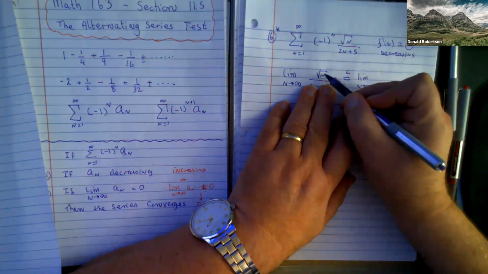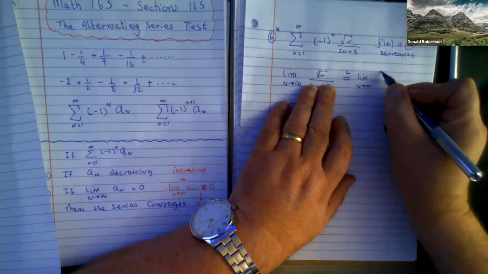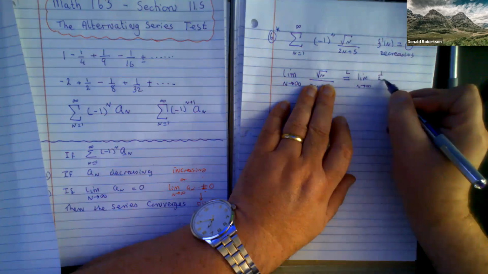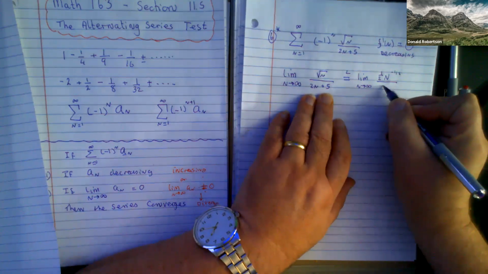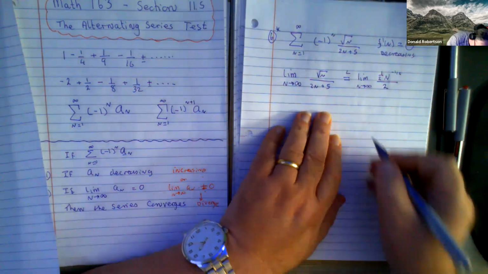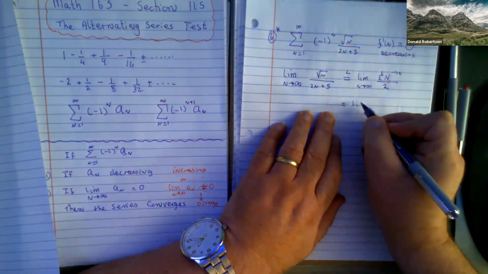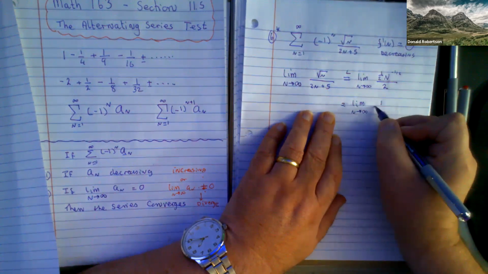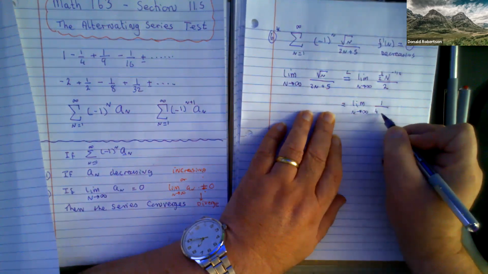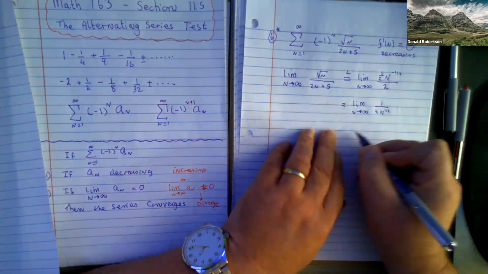If you call this guy n to the half, its derivative is 1/2 n to the -1/2. And if you differentiate the bottom, you get 2. Which means that this is now going to be the limit as n tends to infinity of 1/4 n to the half.